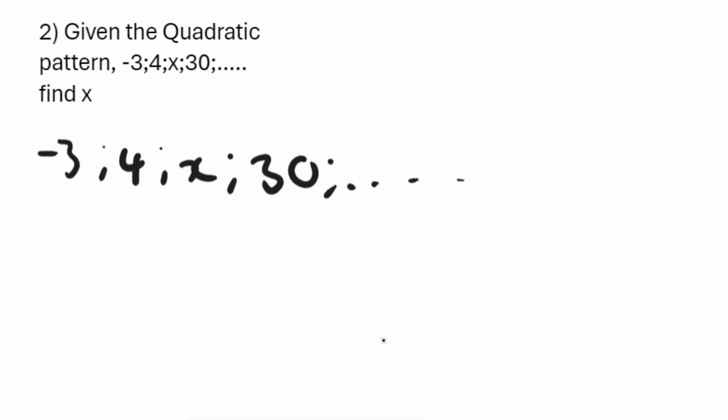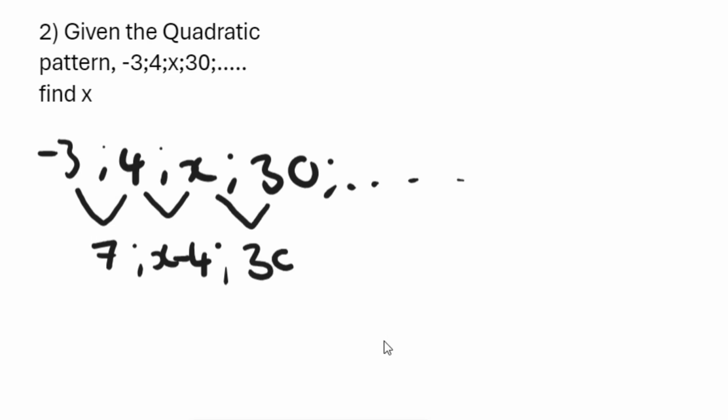And then we say 4 minus negative 3. That is 4 plus 3. That will give us positive 7. And then the next term we have x minus 4, so we plug it as x minus 4 there. And then we have 30 minus x, so we write 30 minus x there. This is our first difference.